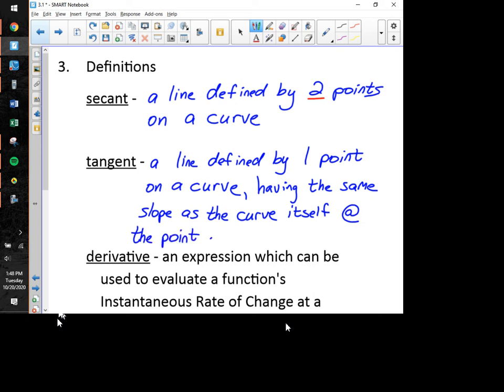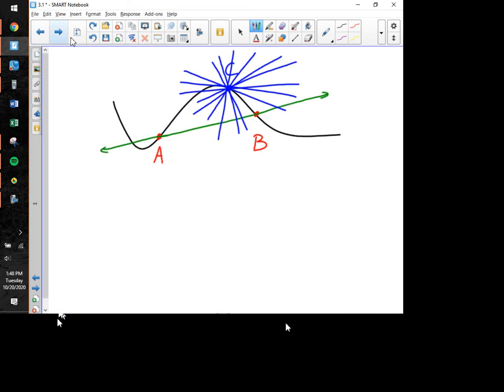And that's a phrase we're going to be using a lot throughout the rest of this year. Really, everybody. Tangency. Okay, and there we go. A line defined by 1 point on a curve having the same slope as the curve itself at the point of tangency.